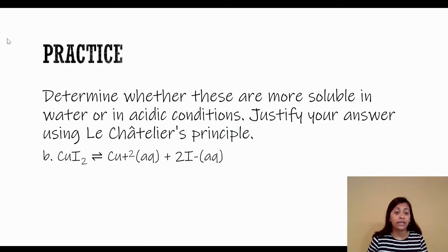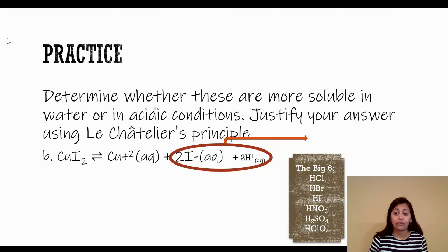Taking a look at B, you have CuI2 in equilibrium with Cu plus 2 plus 2 iodines, sorry about that subscript error, and again, those are aqueous solutions. When we add H plus to this, we see that those two will form HI, which is part of our big six, meaning that we see a forward arrow, we don't see this in equilibrium.